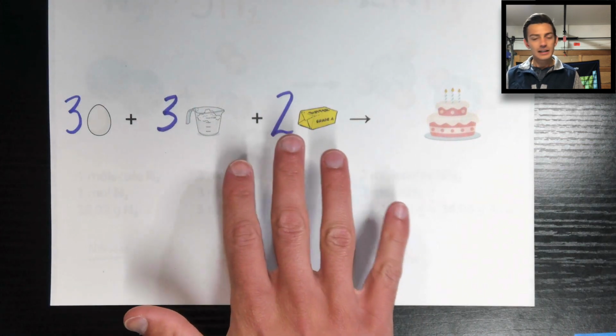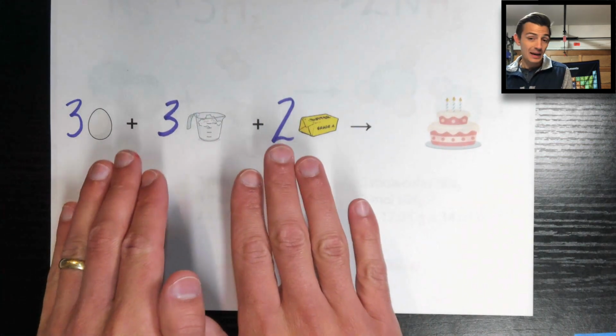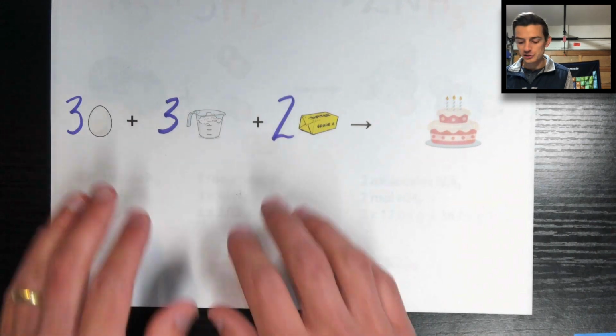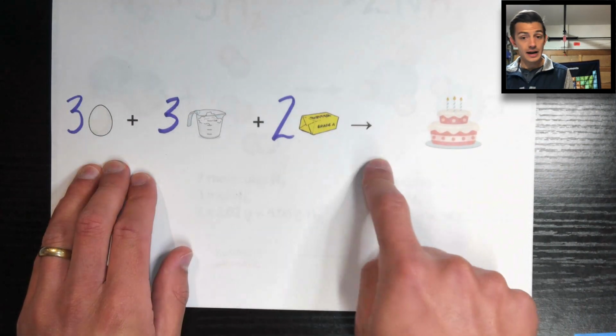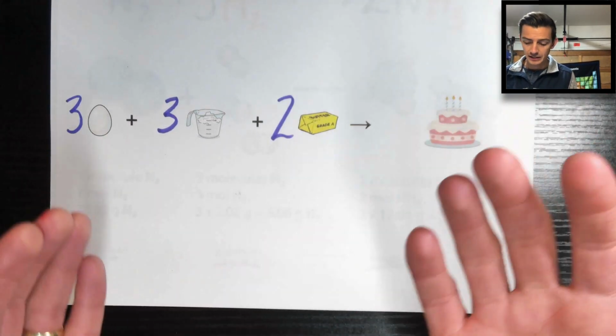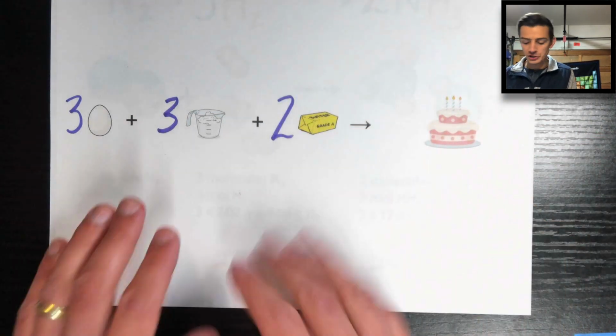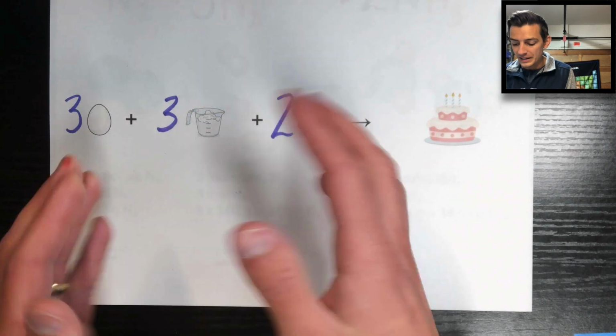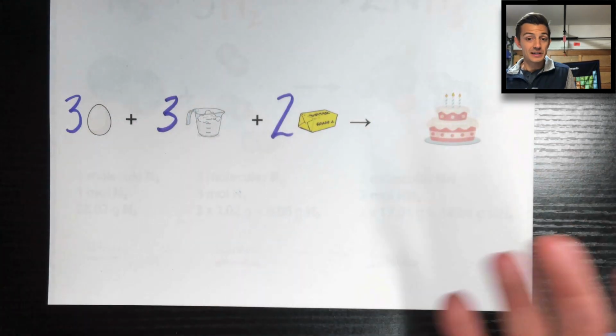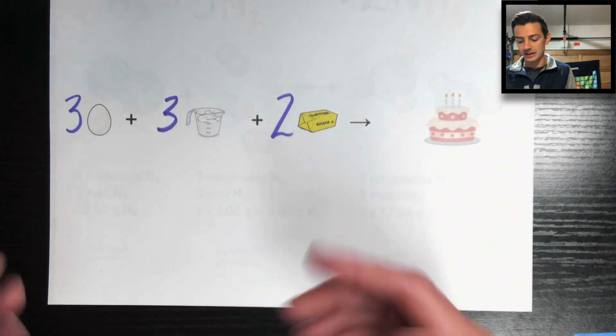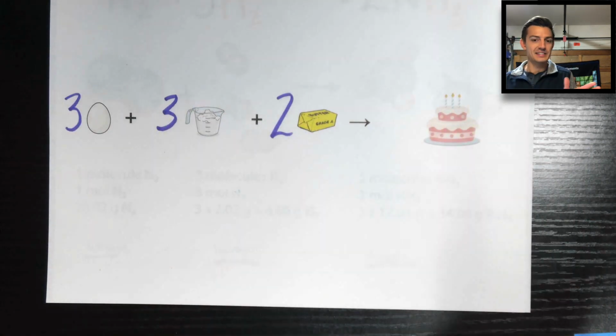This is an equation of sorts. This is not a chemical equation, though food is sort of chemistry, but it represents how to bake a very probably disgusting cake. There's no sugar in this food equation, recipe really, but there's some basic things that you need in order to make a cake. I'm also missing milk and things, but let's pretend that this is how you make a cake.